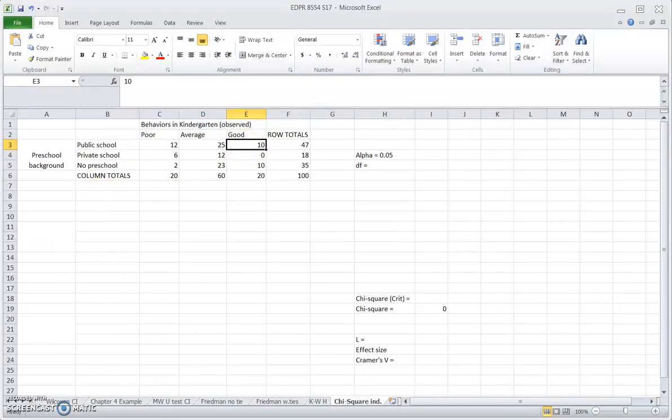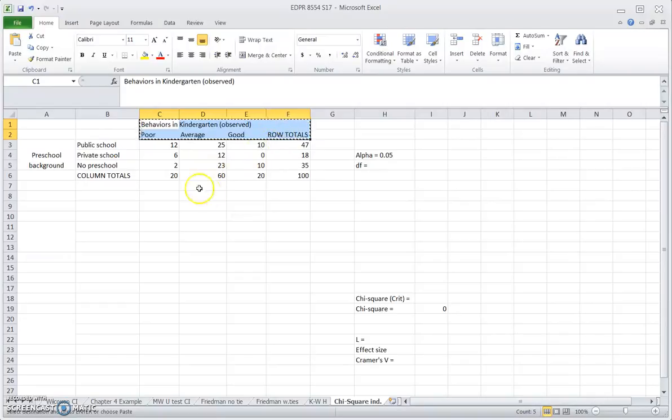The numbers in this table are called the observed frequencies. In order to calculate the chi-square test for independence, we need a table of expected frequencies.